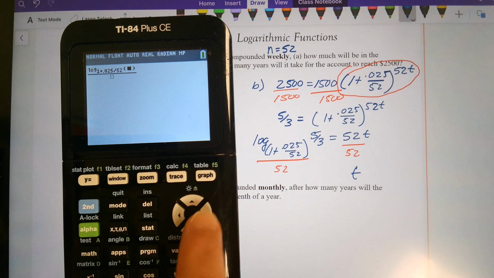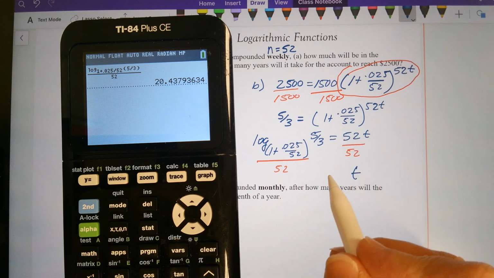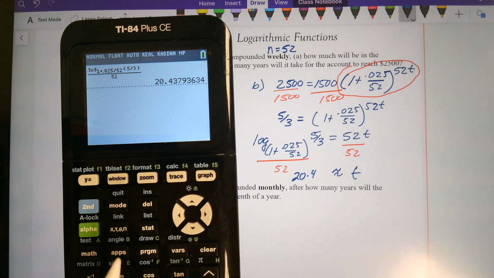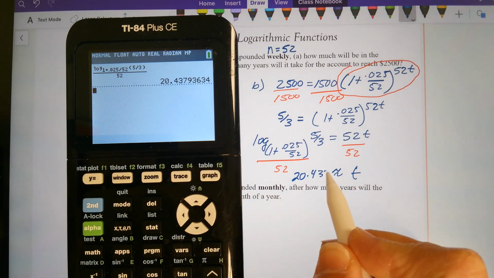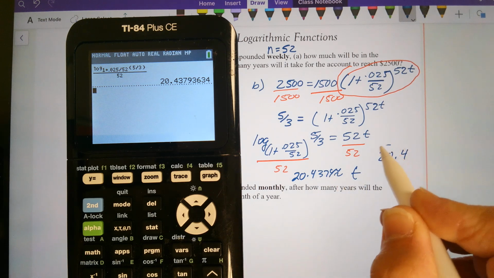Again, it's very important that you are keying this into your own calculator and not just watching me key into my calculator. So 20 points, and we're rounding to the nearest tenth of a year. 20.4 years.